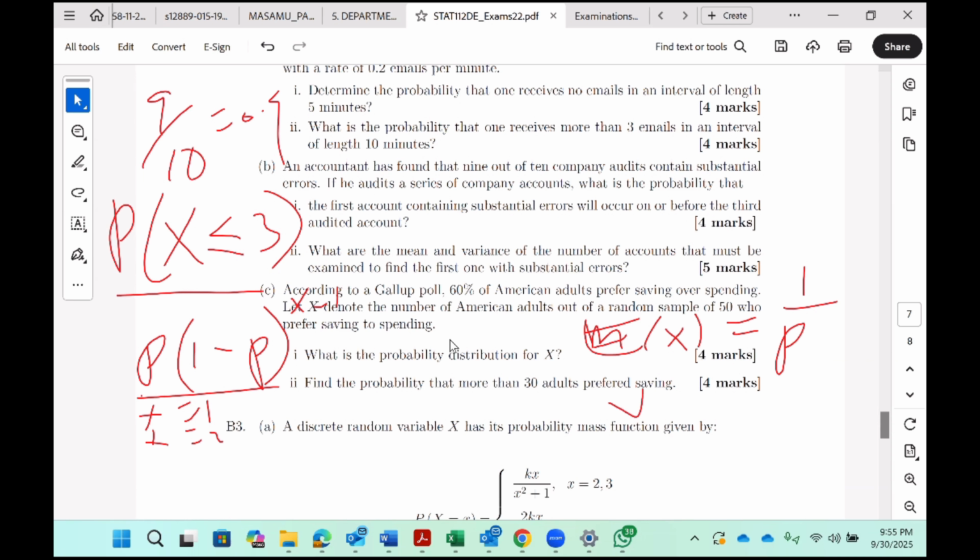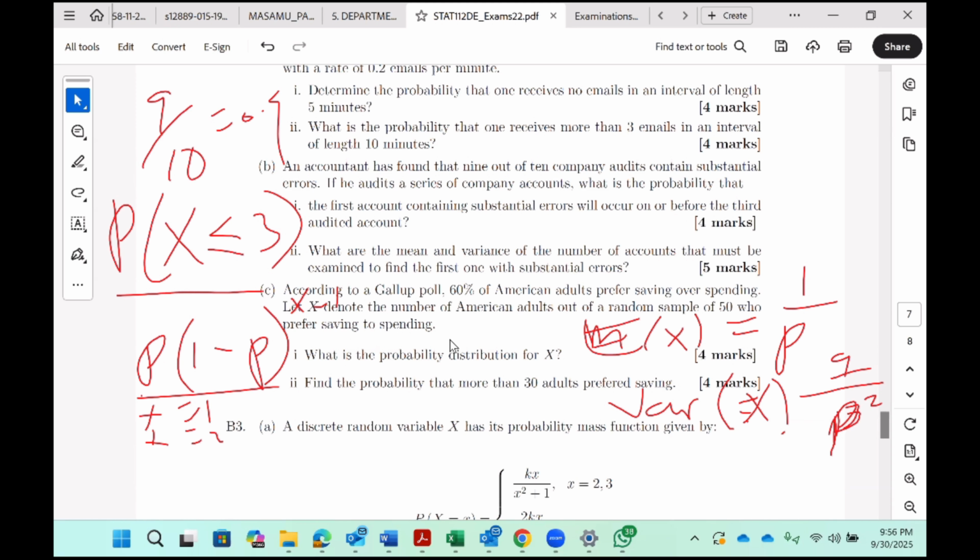Then your variance of x is equal to q over p squared, where q is 0.1 and p equals 0.9.